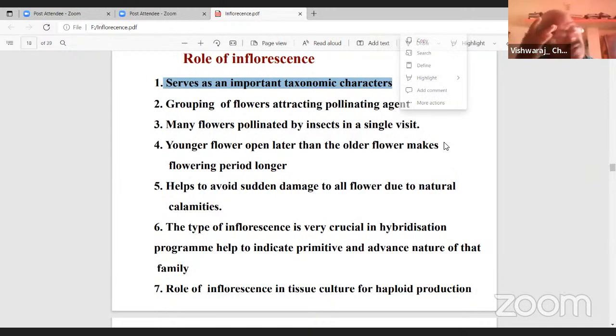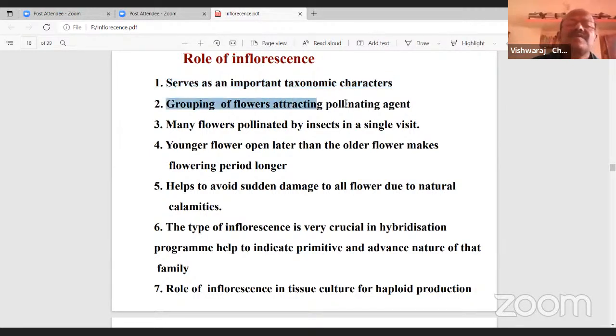Plant taxonomy is the study of external characters of plants. There is animal taxonomy, human taxonomy, and plant taxonomy. Inflorescence serves as an important taxonomic character for identification.